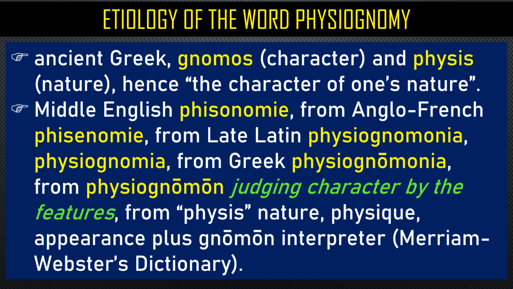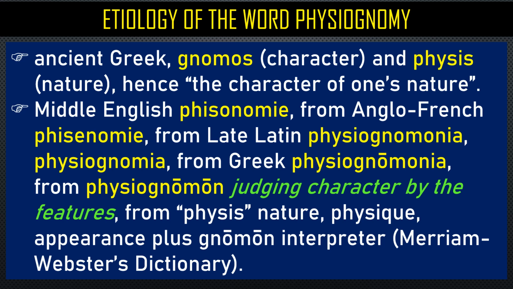And in the Middle English, by the way, when you say Middle English, we are referring to the Middle Ages, so something like 1100 to 1600, because modern English started around the 17th to 18th century. So in the Middle English, they have the word physiognomy from the Anglo-French physiognomy. When you say Anglo-French, the word Anglo refers to the English people.